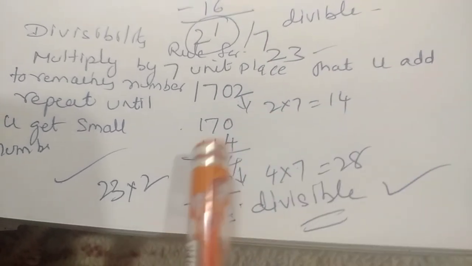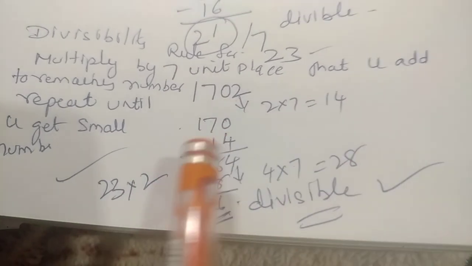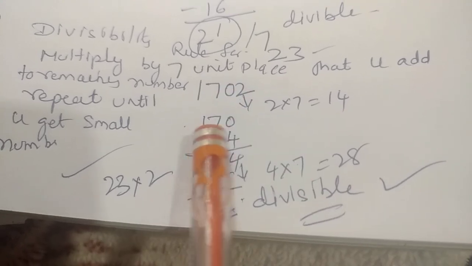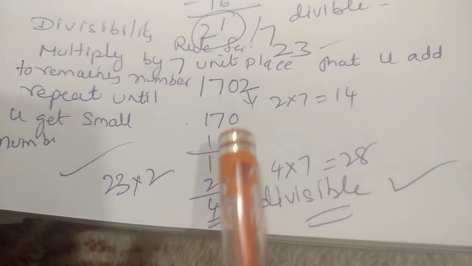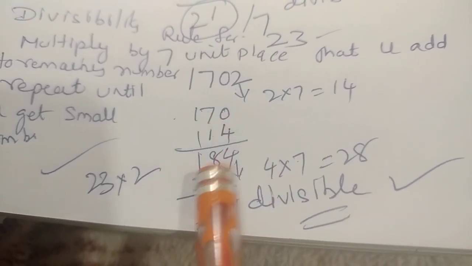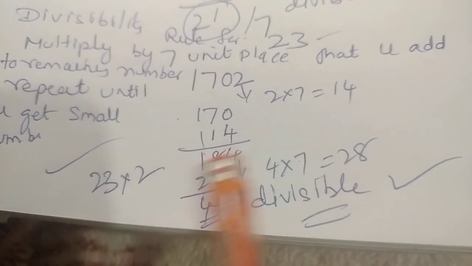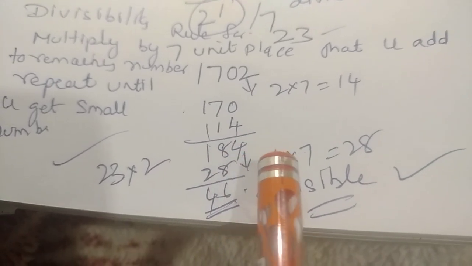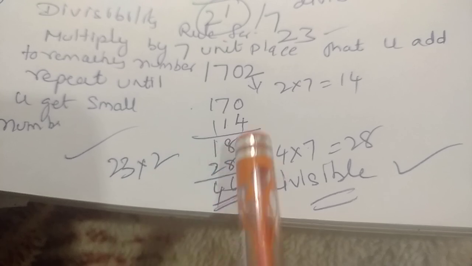This 14 you add to the remaining digits, 170, so you get 184. Again do the same thing, because 184 is a big number.